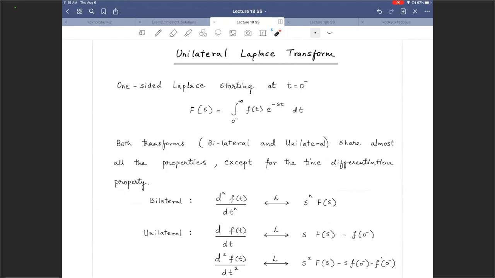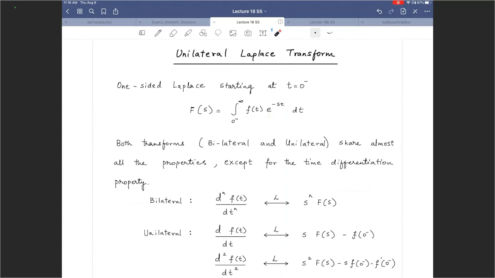So the unilateral Laplace transform comes into the picture where systems have a non-zero initial state. It is a one-sided Laplace transform starting at time just before 0, that is 0 minus. F of s is defined as the integral from 0 minus to infinity of f of t e to the minus st dt.